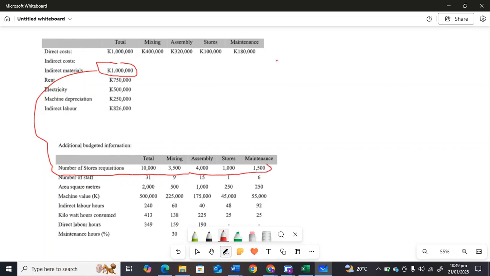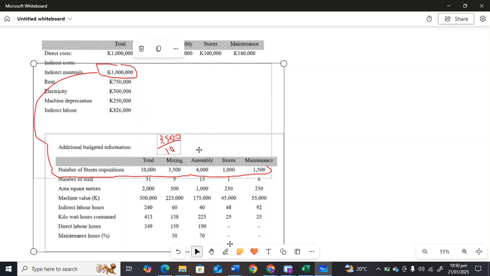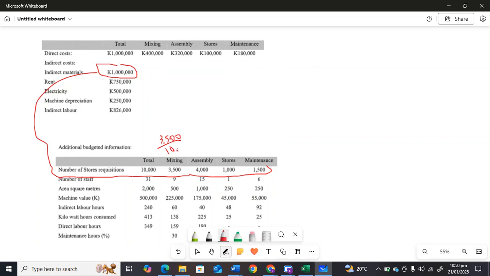For mixing, we said 3,500. Yeah, 3,500 over 10,000 multiplied by that, we get 350,000 here.